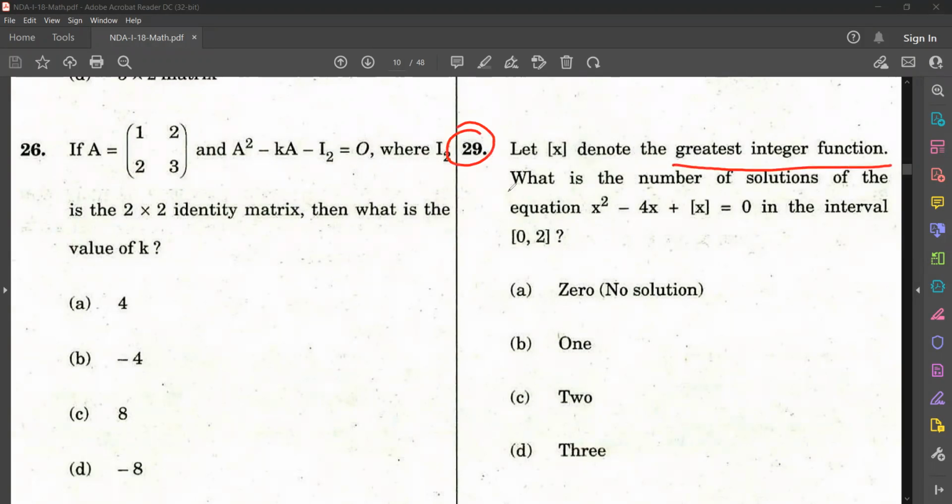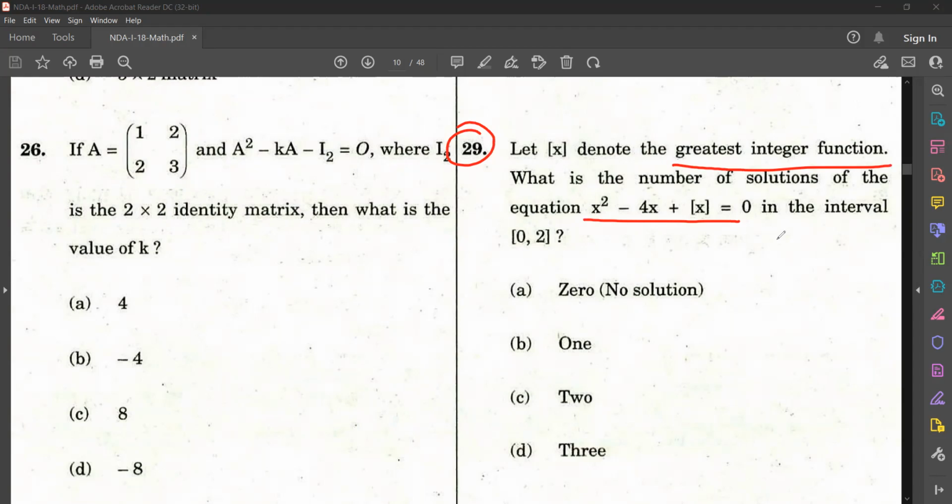What is the number of solutions of the equation x square minus 4x plus greatest integer function of x is equal to 0 in the interval 0, 2?